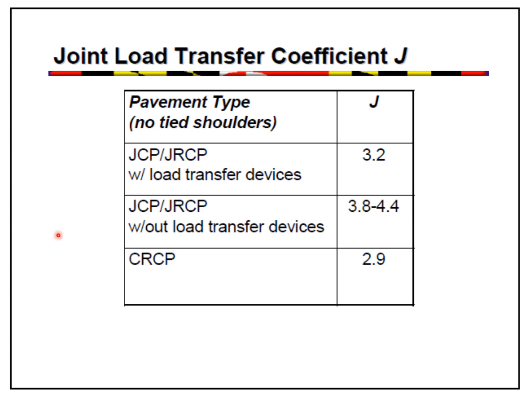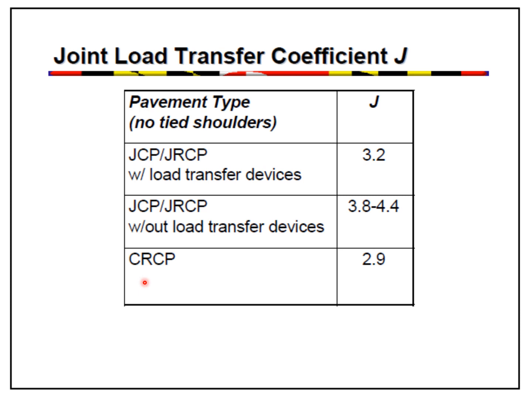So keep in mind that JCP stands for jointed concrete pavement, JRCP stands for jointed reinforced concrete pavement, and CRCP stands for continuous reinforced concrete pavement.